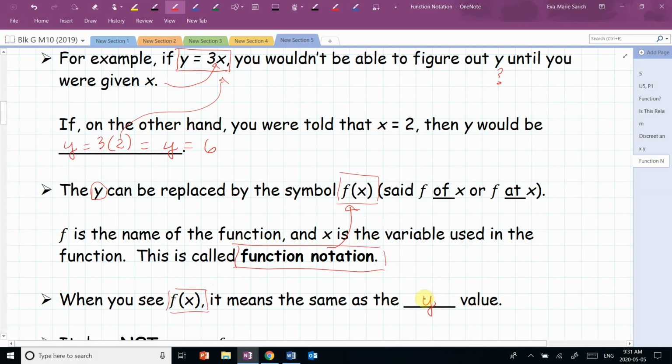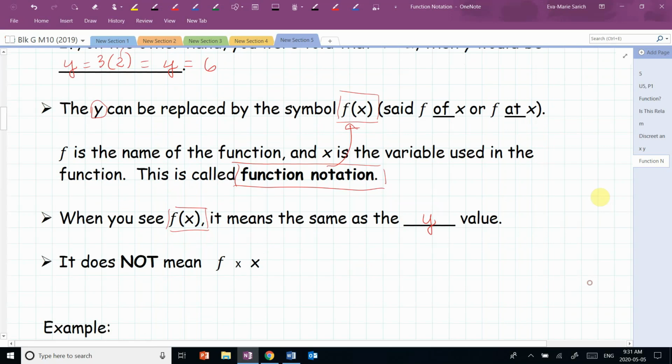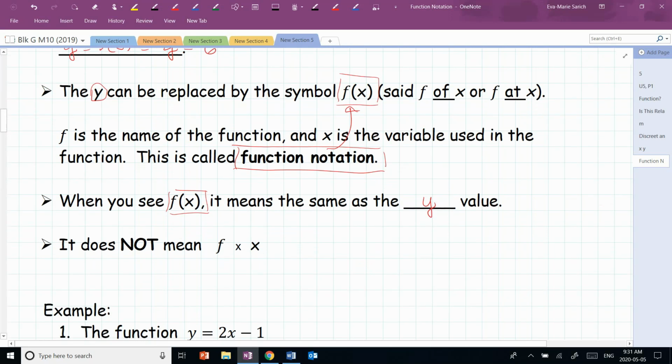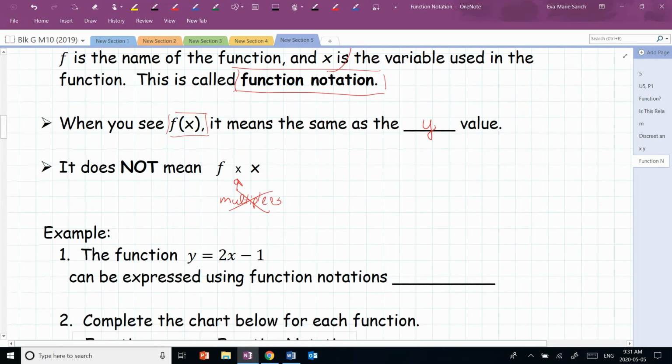Because really, y depends on what the value of the x is. Okay? It does not mean f multiplies x. The bracket there does not mean multiply. Okay? So be clear about that.